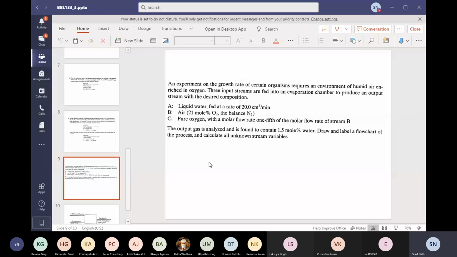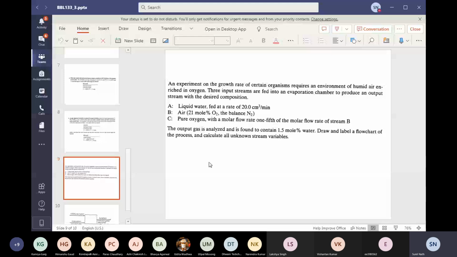Now, what are you going to take as a basis to solve it? You can start with 100 moles of mixture B or B plus C. But if you are given a particular flow rate, like in A, that can be a valid basis on which the other unknown streams can be calculated. Did you get me? Since he has given us what A is, an actual value, in this problem it will not matter. You could do it whichever way you want.